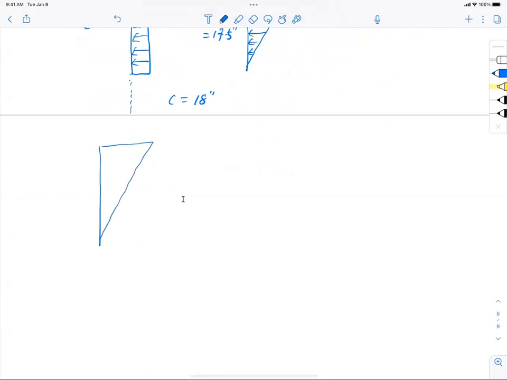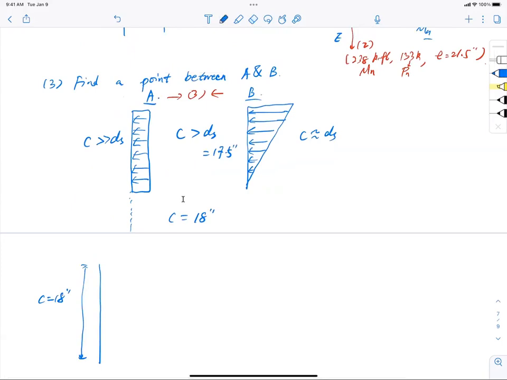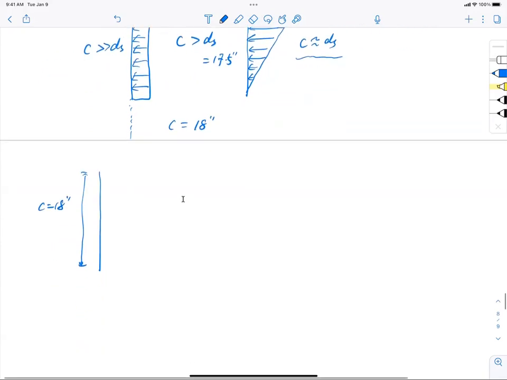I may have a little bit of tension zone, but I may not have one. Think of it: in case B, my compressive zone equals ds, so if I go further, I will have tension. Between A and B, I would not have tension. So c equals 18 inch.